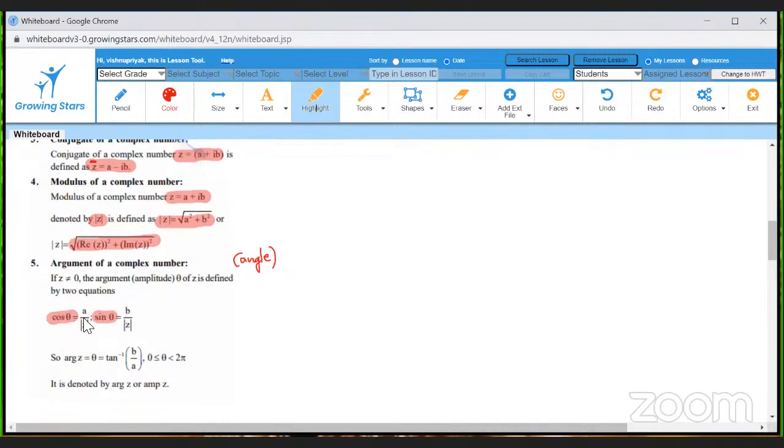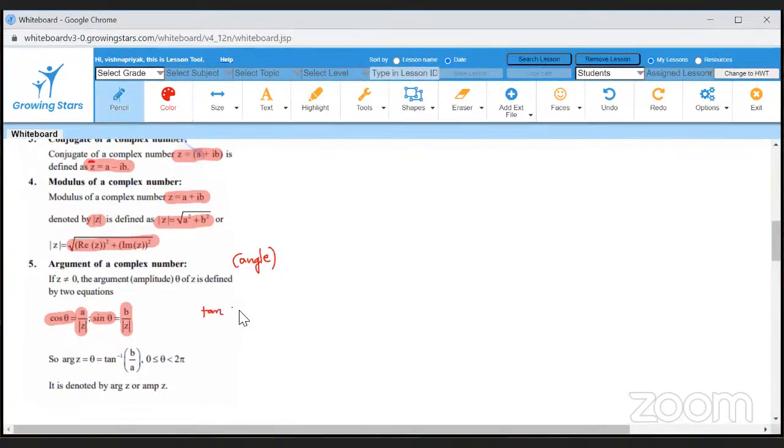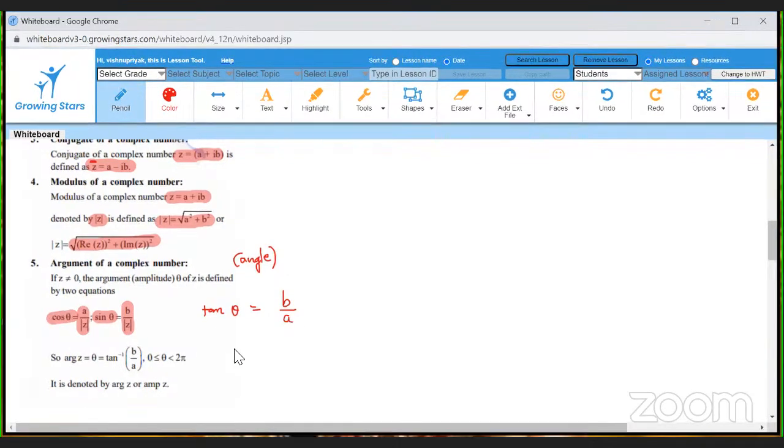Cos theta is a by modulus of Z, sin theta is b by modulus of Z, or in other words, tan theta is b by a. So the angle is tan inverse of b by a. You can find the angle using this formula.